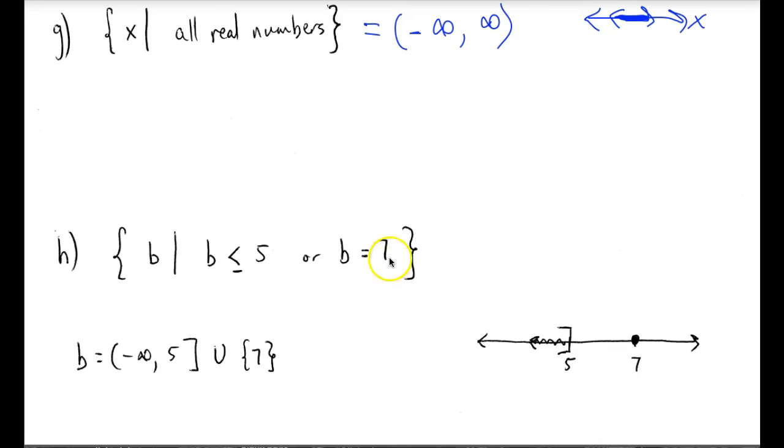All right, so now looking at our last example, we see that we have the set of all numbers b, where those numbers are either less than or equal to -5 or it's equal to 7. And so you see for this portion here, it's either -5 or smaller. So that goes along with this graph here, and b equals 7.